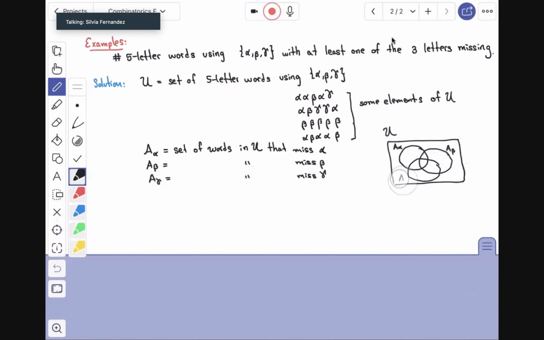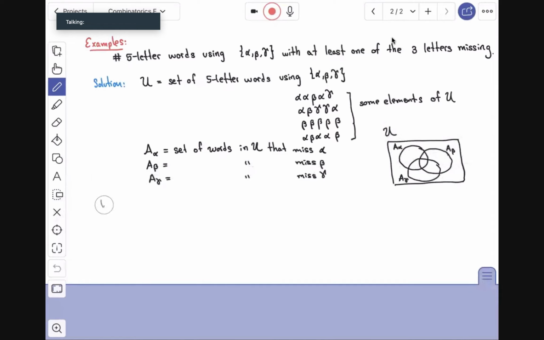Yeah. So what I want is everything inside, right? I want the union. So we need to count how many. So we need the union.